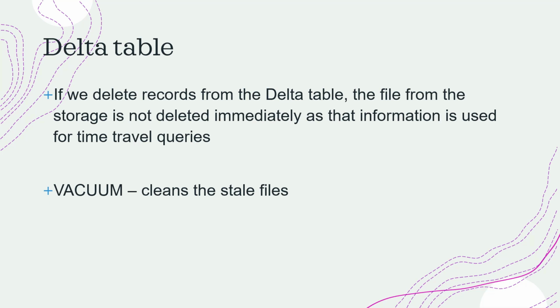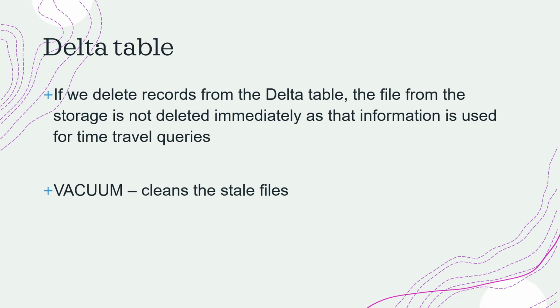Now, one more important thing to remember is if we delete records from the delta table, the file from the storage is not deleted immediately. The file is maintained for some time, because the delta table provides a facility called time travel queries.